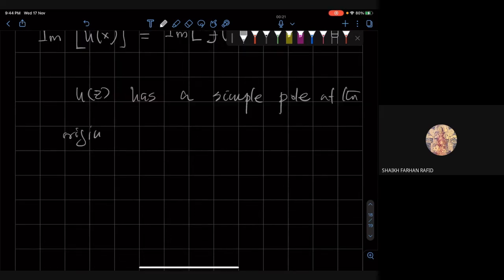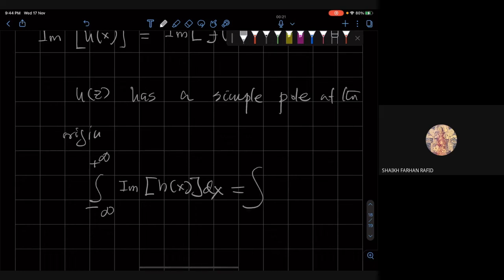The other thing that it has: if I take the integral of the imaginary part of h evaluated on the real line, that will be equal to the integral from minus infinity to plus infinity of the imaginary part of f of x evaluated on the real line, right?